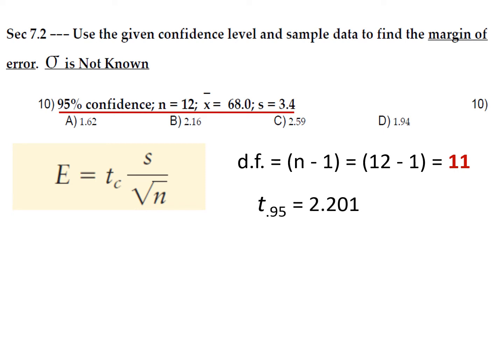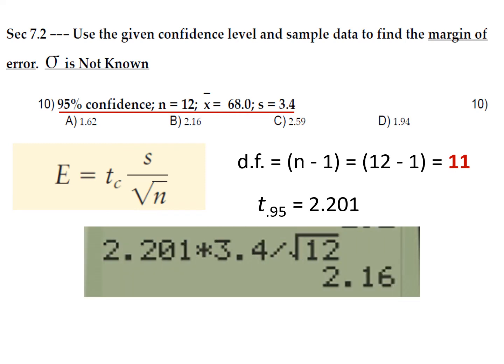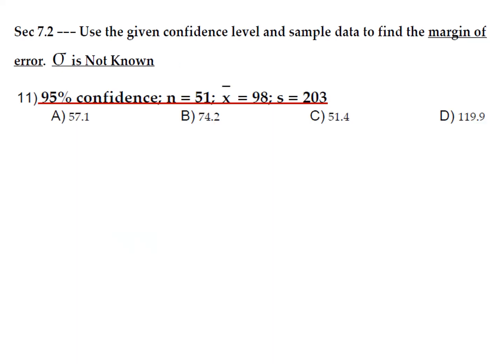Looking up 11 where it intersects with 95% confidence gives me a t-score of 2.201. Plugging in the 3 values, your t-score, the given s value, the standard deviation of a sample, 3.4, divided by the square root of n, which is given as 12, gives 2.16 exactly, letter B.